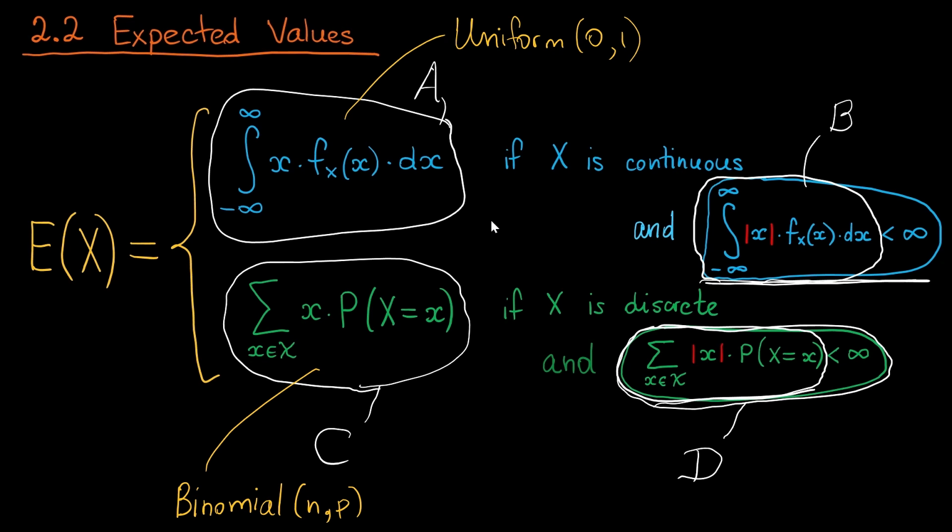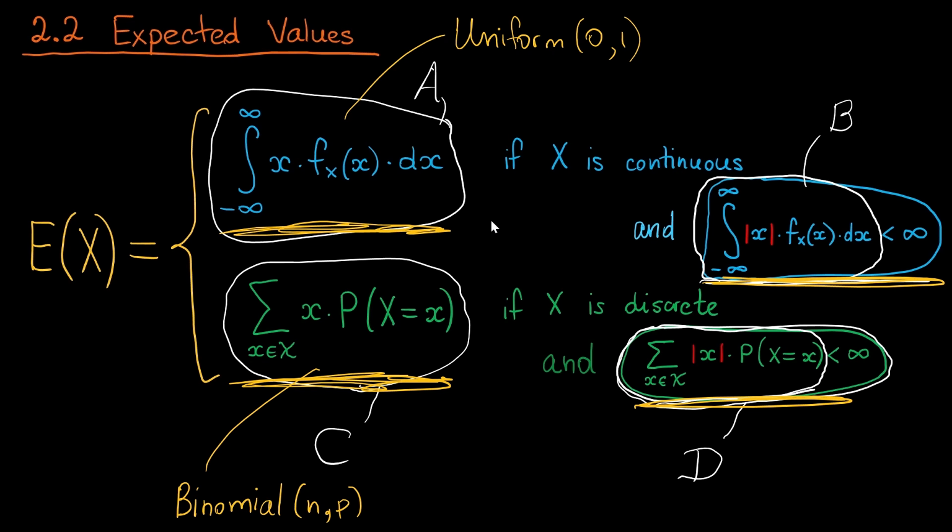But notice from this definition that this expression in A, which we evaluated for the uniform 0,1 distribution, and this expression in C, which we evaluated for the binomial n,p distribution, constitute legitimate expectations only if these conditions on the right hold, B and D.